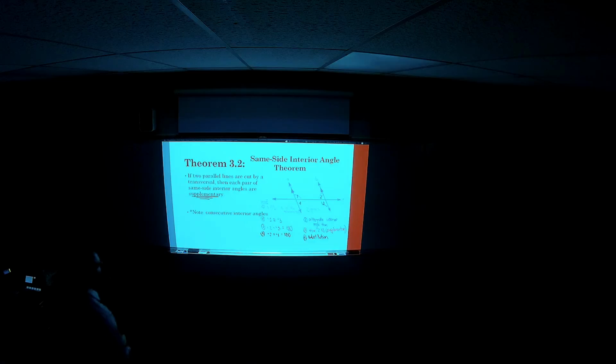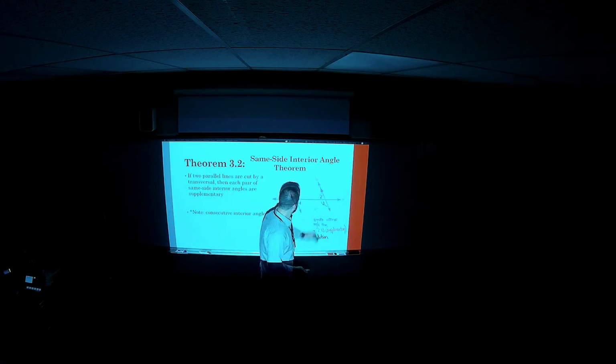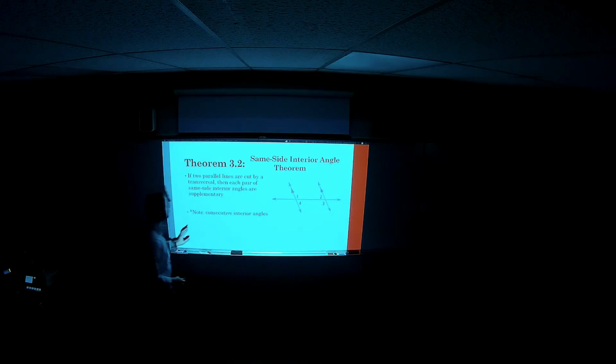Moving on. Let's move on to Theorem 3.3. We've got two theorems left, 3.3 and 3.4. Okay, so that was the same side interior. Now, what you also need to know, because I put a star next to this one since it had a weird, goofy name, is that this theorem also applies to same side exterior.